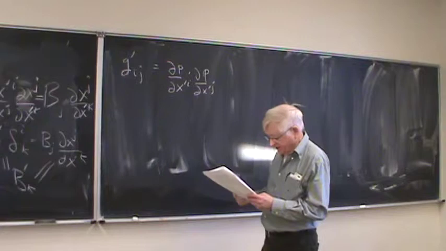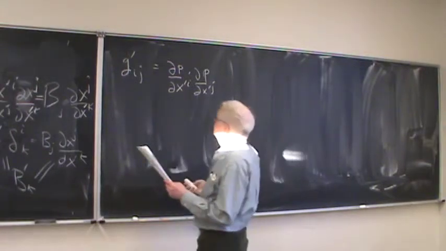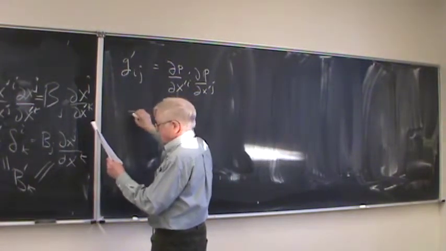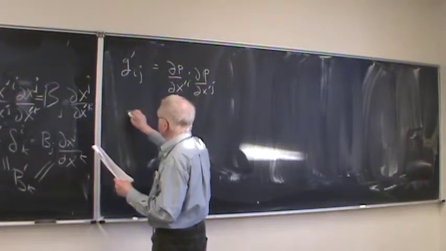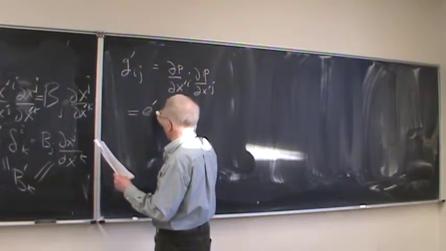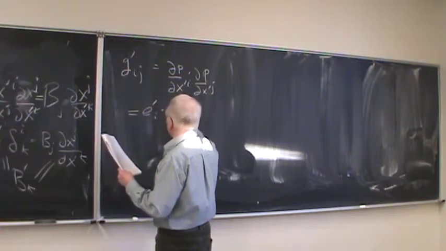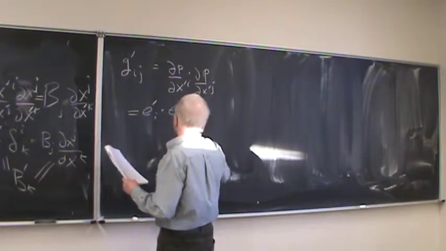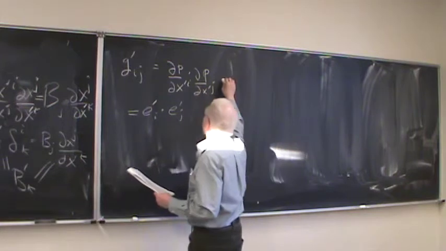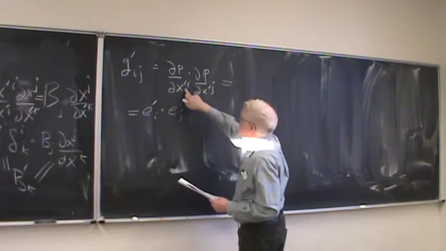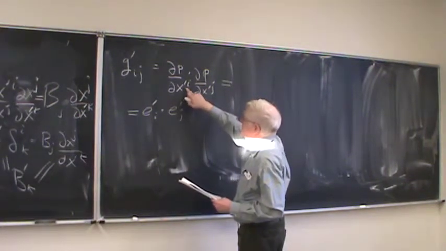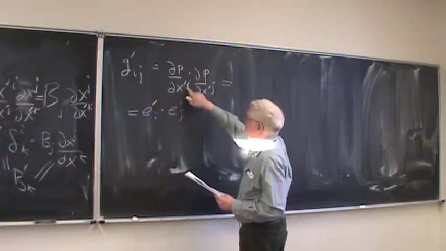That's one way of thinking of it, but what I actually wanted to do was to say, well, this is x prime i dot x prime j. Actually, it's the same thing. In other words, I should have just stated this.